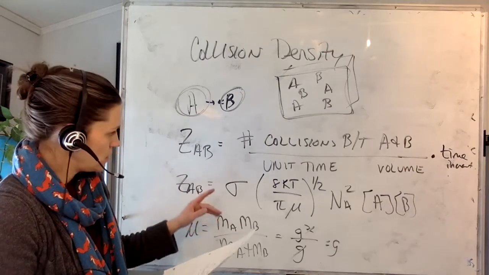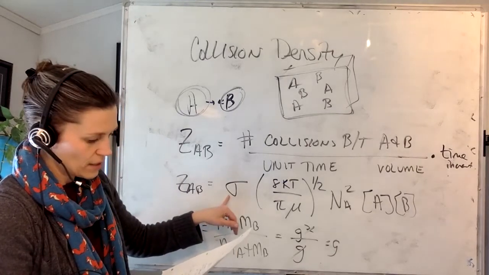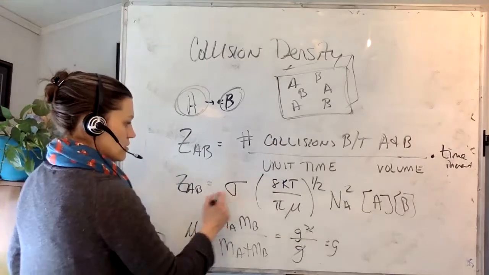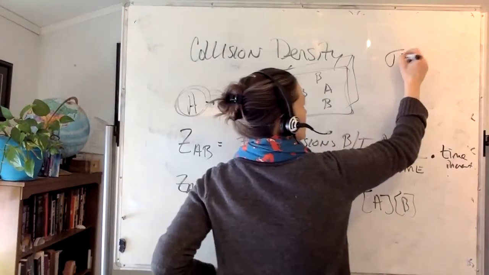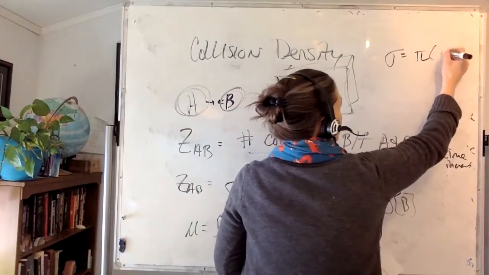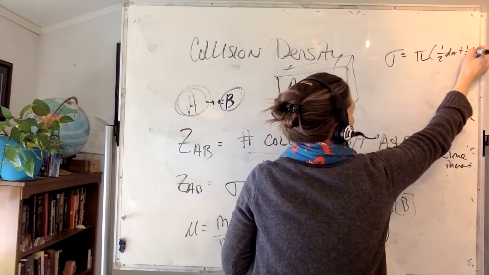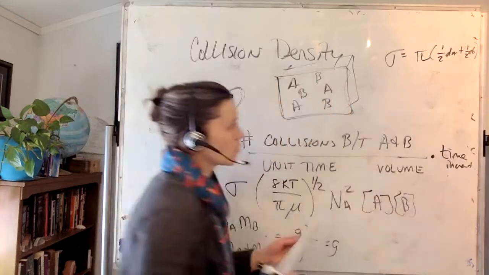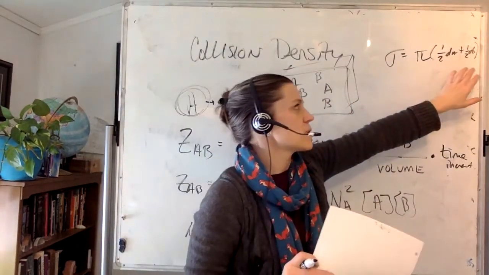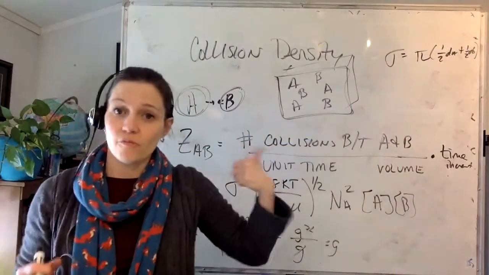And the cross section, again, can be calculated out. So cross section is equal to pi times (1/2 dA plus 1/2 dB) squared, where that's half the diameter of each A and B from the last video.